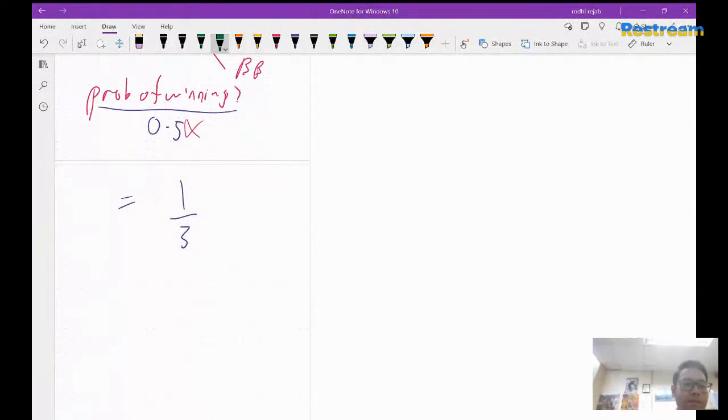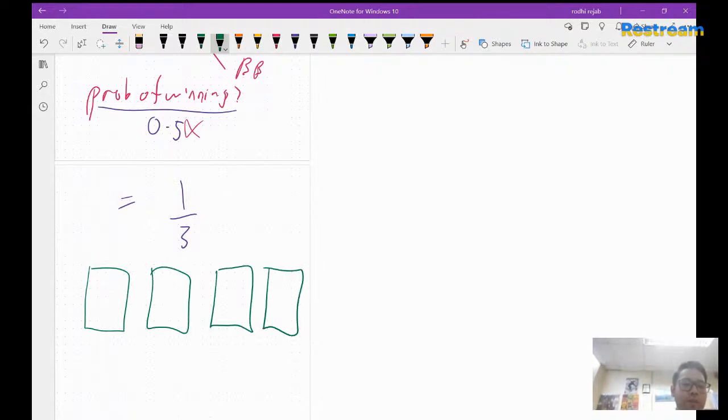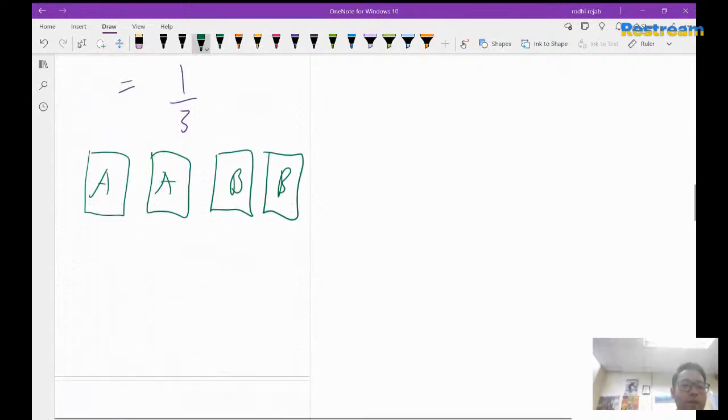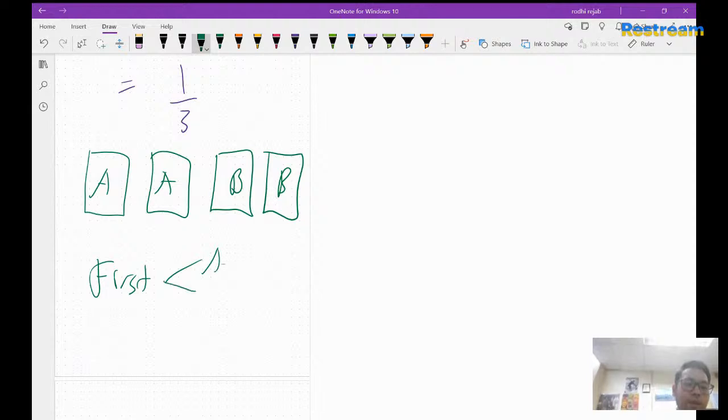So this 0.5 is wrong. What is actually happening is, if I close them down, as I mentioned just now, it's AABB. So the chance for you to get A or B on the first one, you are right, it is half. It is 0.5.